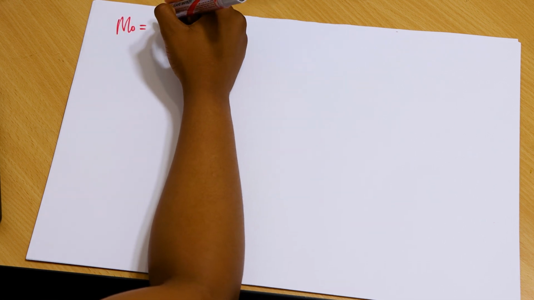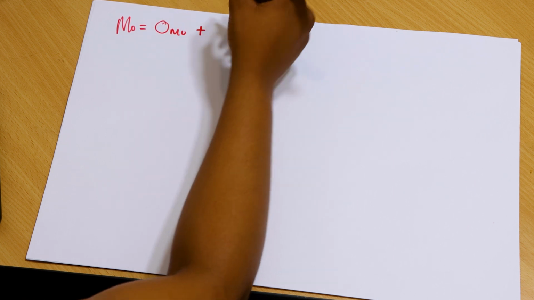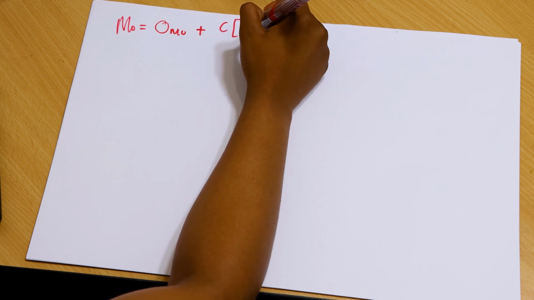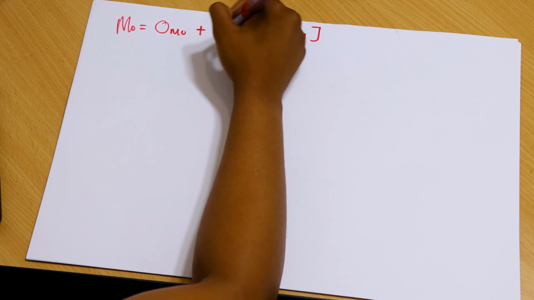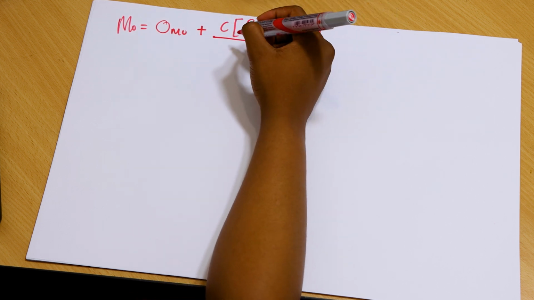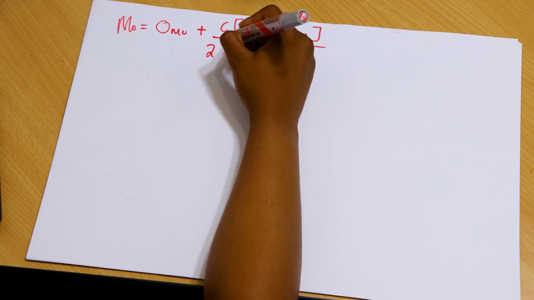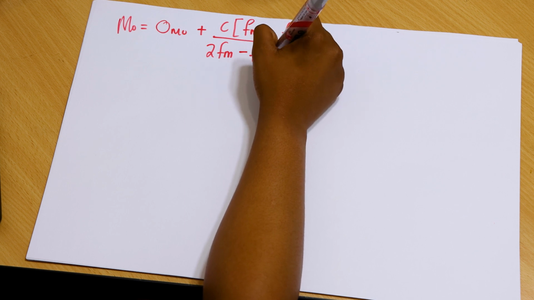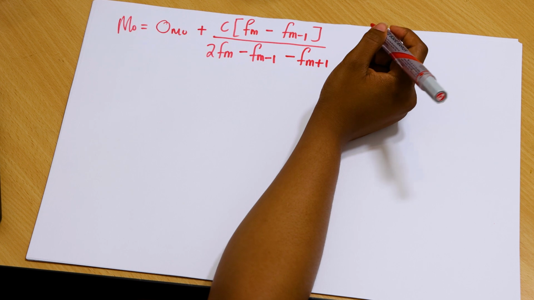The equation of the mode is given by the lower limit of the modal interval plus the class width times the frequency of the modal interval minus the frequency of the interval before, divided by 2 times the frequency of the modal interval minus the frequency of the interval before minus the frequency of the interval after.